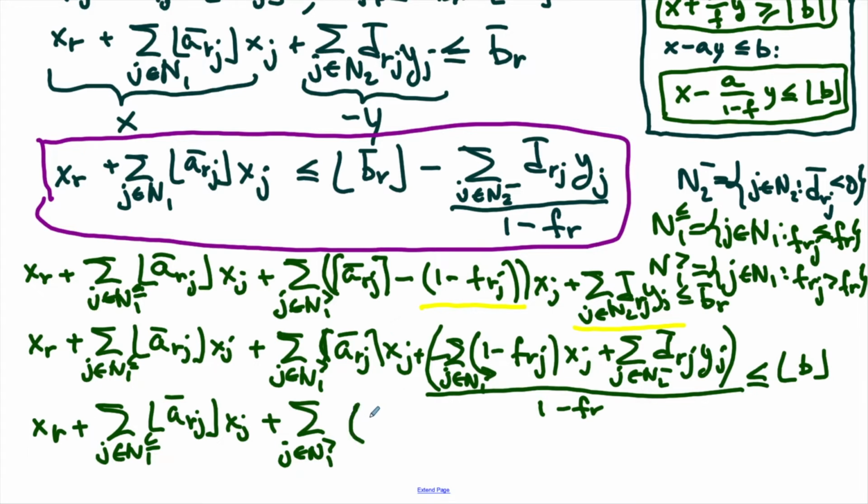So we have the ceiling of arj bar coming from this part, and then minus 1 minus frj divided by 1 minus fr, and this all is the coefficient for xj.